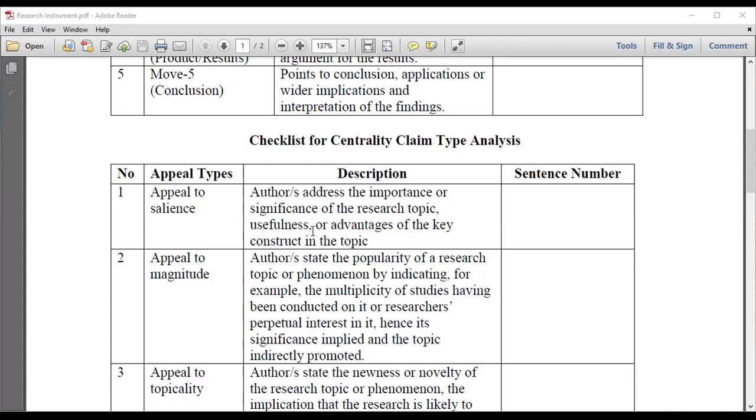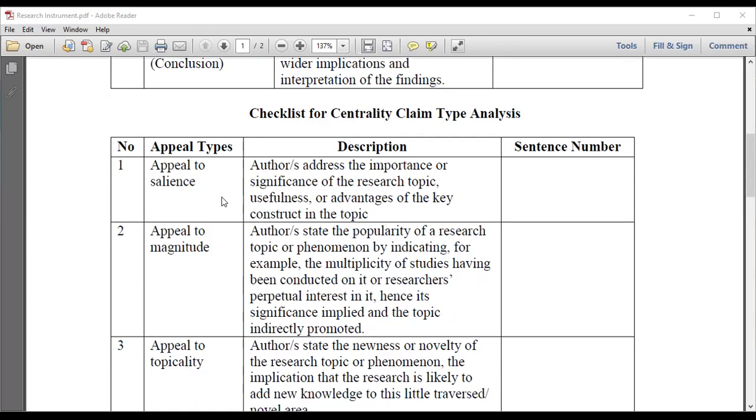There are 4 types of appeals, or centrality claim. The first one is appeal to salience. What does it mean? When the authors state that their research or their topic is important or significant for a particular reason.